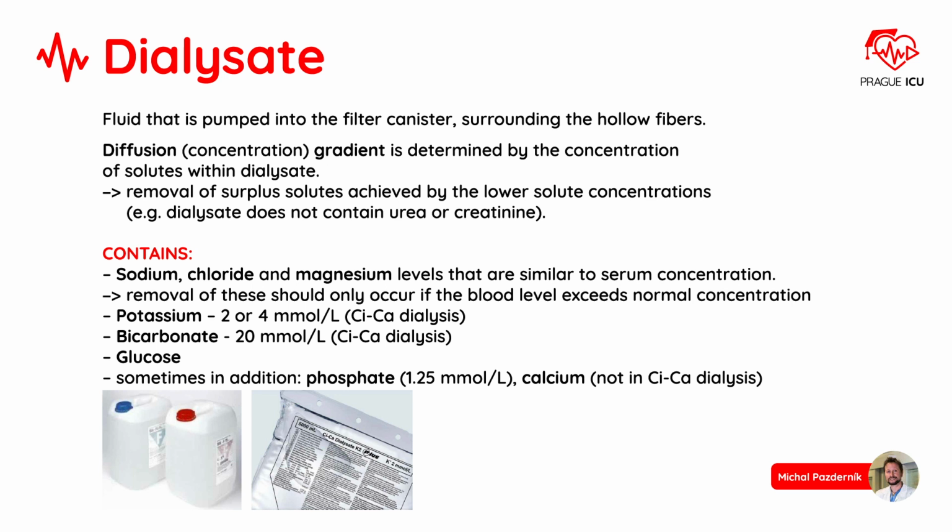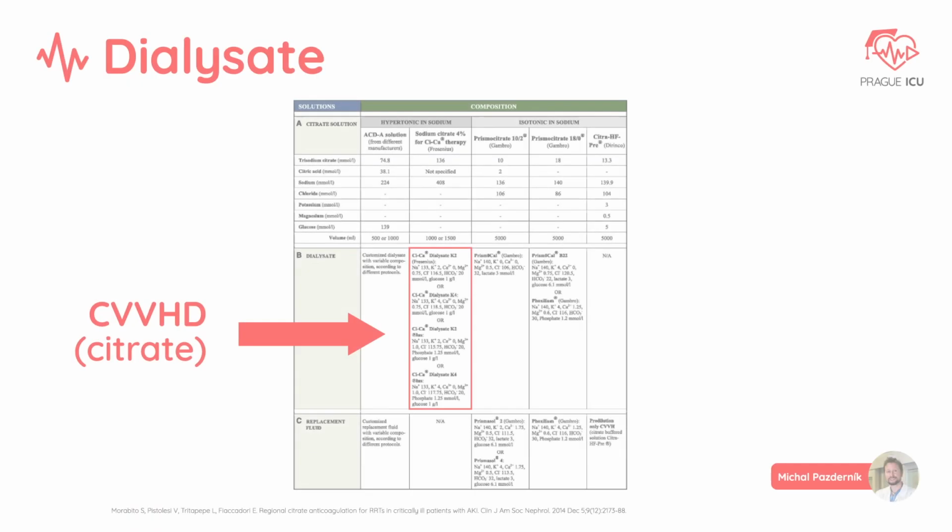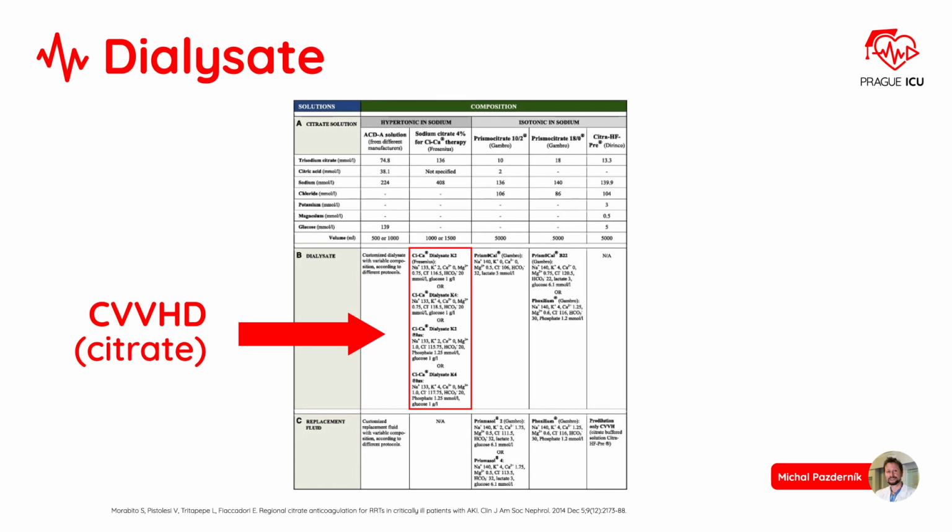Potassium 2 or 4 millimoles per liter in CRRT dialysate, bicarbonate 20 millimoles per liter, glucose, and sometimes in addition phosphate and calcium. On this slide you can appreciate components of citrate solution and dialysate used in CVVHD.